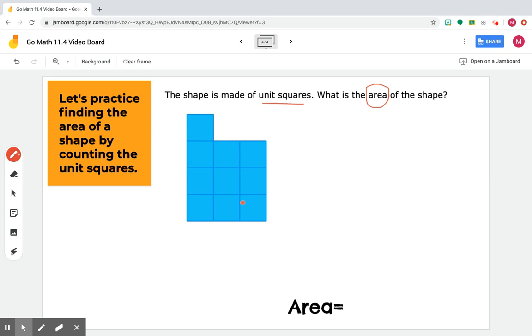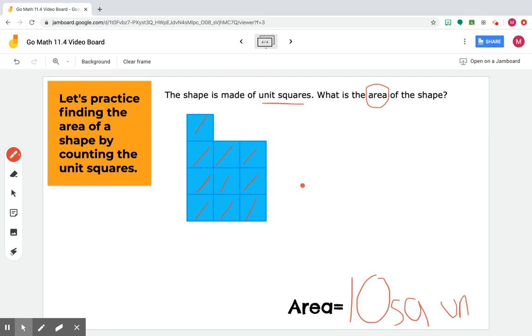And I'm going to just count the unit squares. 1, 2, 3, 4, 5, 6, 7, 8, 9, 10. So again here, my area is 10 square units. And my handwriting is a little messy when I write on the computer.